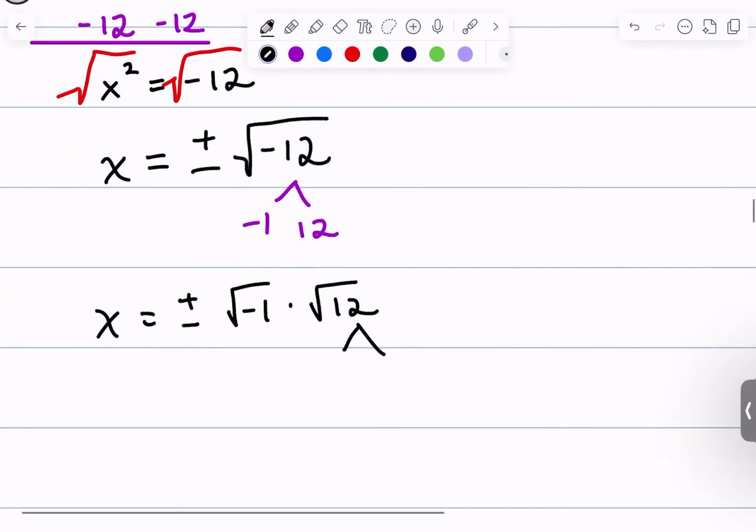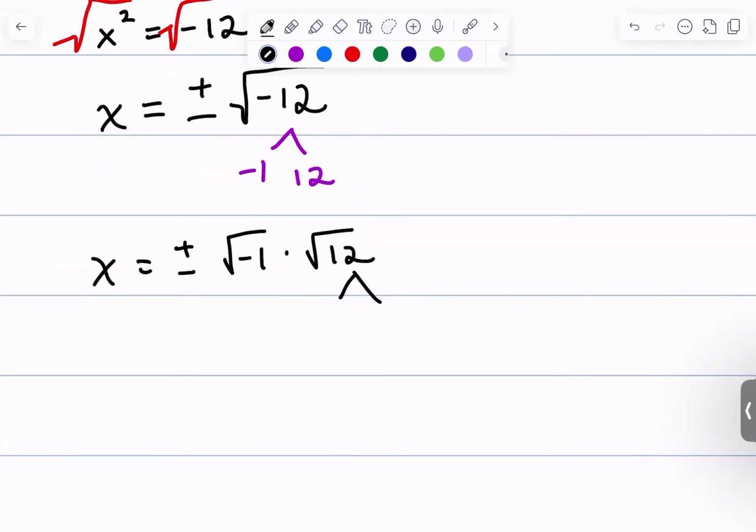Okay. Square root of 12, remember, when we are simplifying, again, we are going to think about those perfect squares, right? 4, 9, 16, 25, 36, and so on and so forth. So 12 can be broken down into 4 times 3, right?